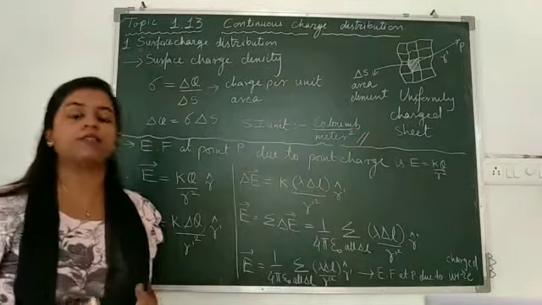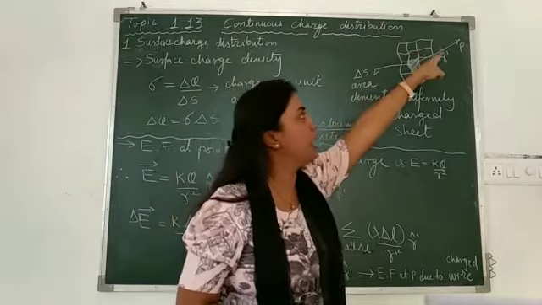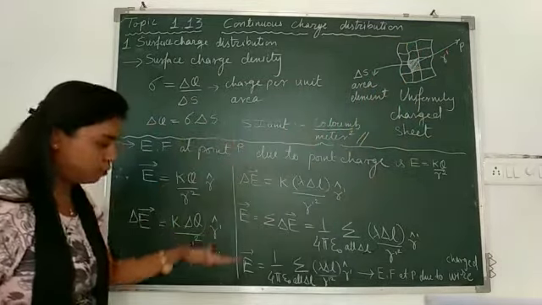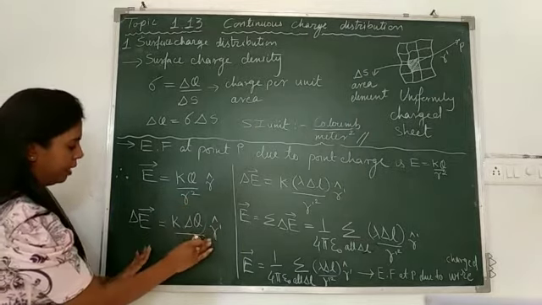But suppose they are asking you to calculate the electric field due to this surface charge distribution at point P, then again you have to do all this. So for that, till here the formula will remain the same. Till here also same.